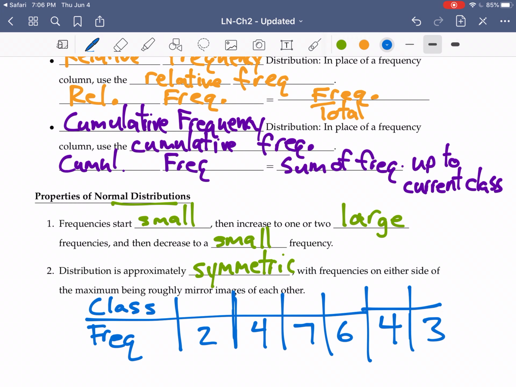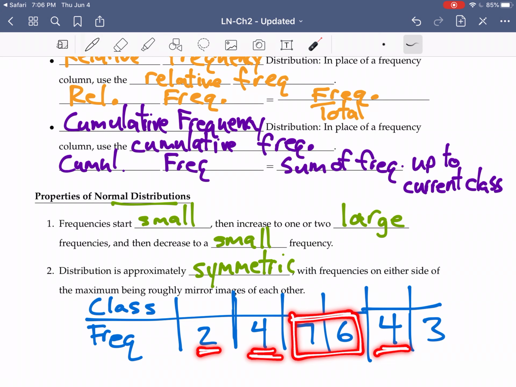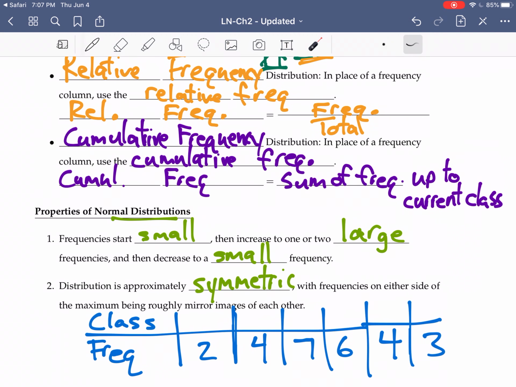This looks approximately normal because it starts off small, it increases to 1 or 2 values in the middle, and numbers on either side are approximately equal, so you have this symmetry relative to that middle. So that would be approximately normal. That's how you might try to identify that based on looking at the frequency distribution.